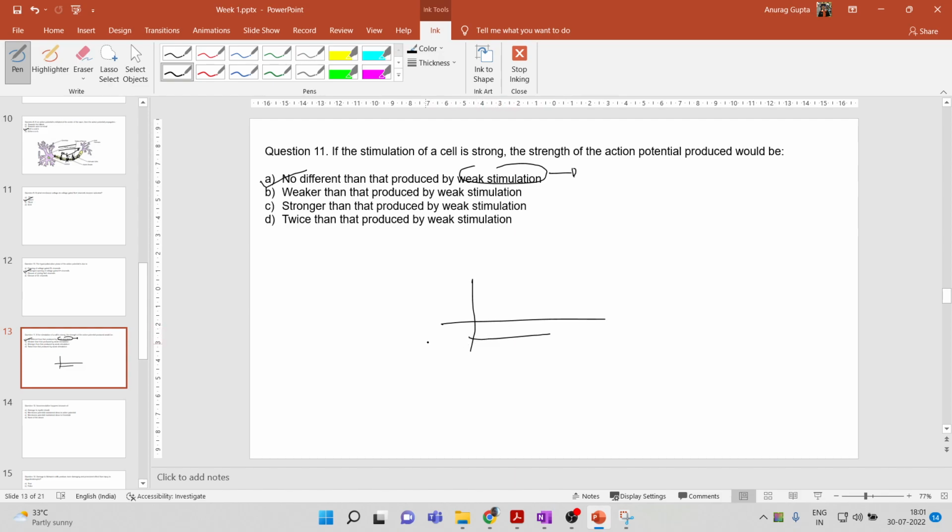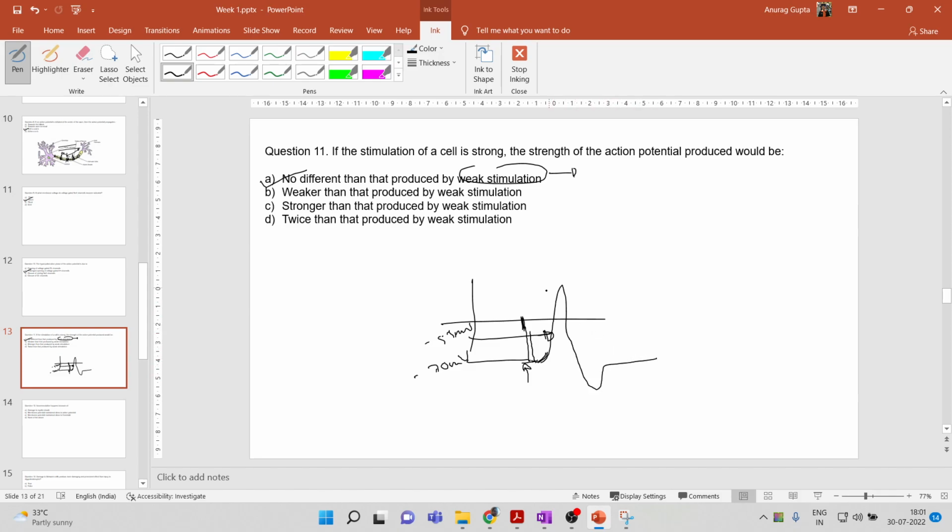So let's say minus 55 millivolts is the threshold, and minus 70 millivolts is the resting membrane potential, and I have a stimulus here. If the stimulus goes beyond this, like let's say here, or even if it is slightly below and just causes the potential to reach here, whatever the case, as long as it crosses the threshold, whatever the amplitude of the graded potential is, the action potential will be generated.